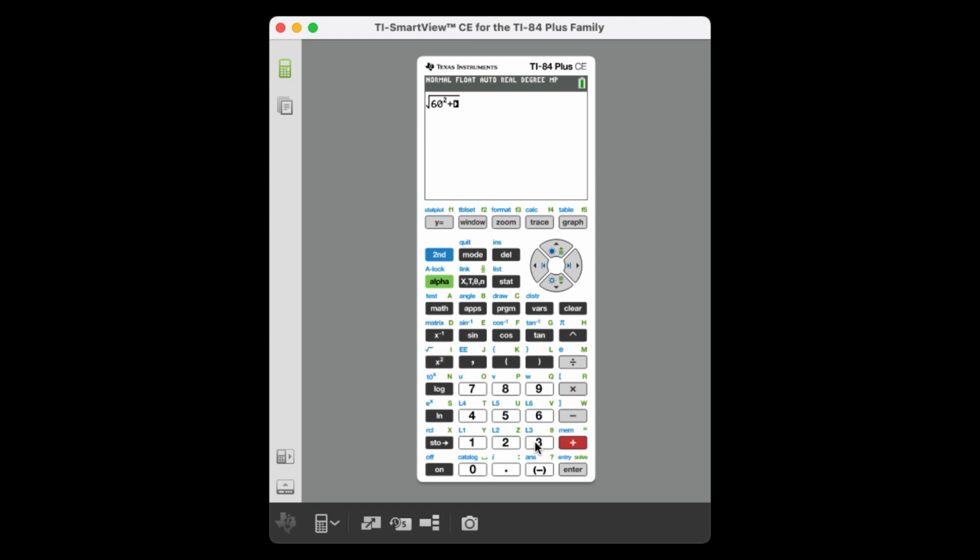60 squared plus what? There we go. Does that look okay to you guys? 60, 30 minus 2, 60 to the cosine 130. Okay, that's about 83.9 miles, right?